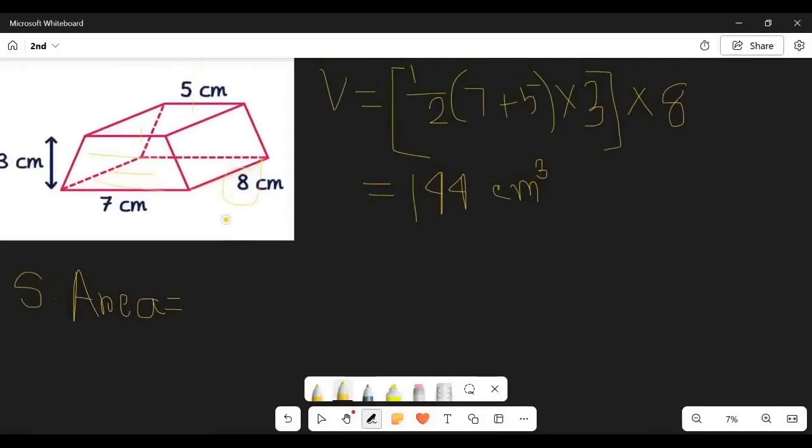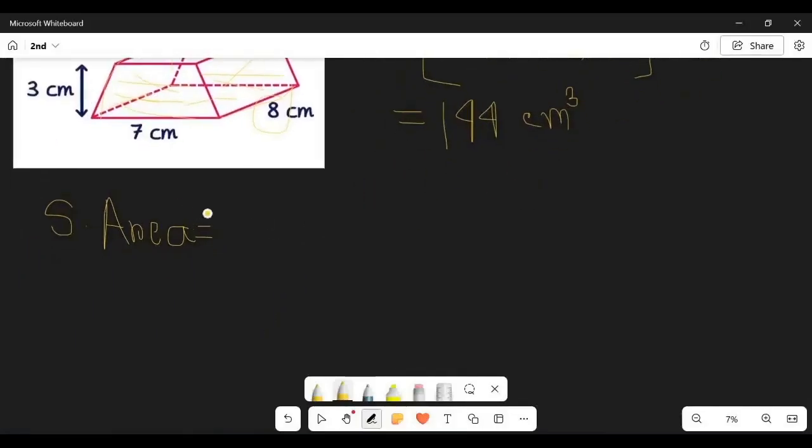So let's just count the faces. The first trapezium, the second trapezium at the very back, the rectangle at the front, the rectangle at the front, the rectangle at the left, the rectangle at the bottom, and the rectangle at the top.